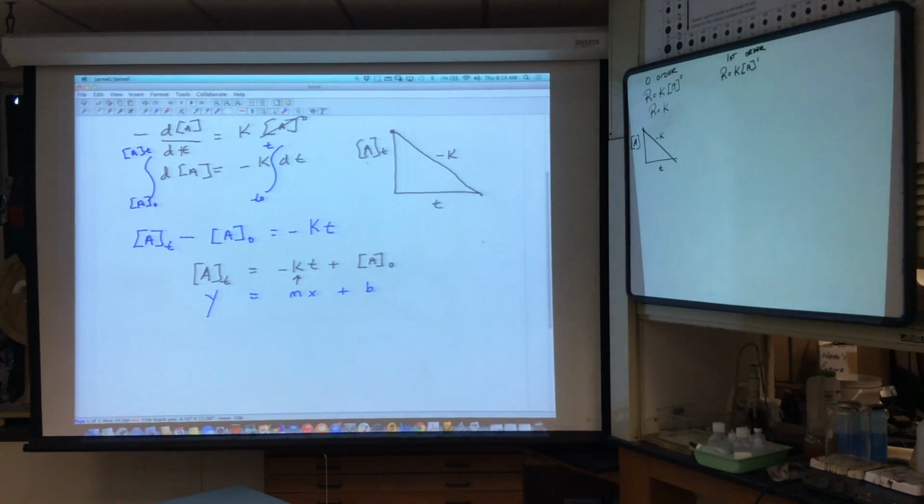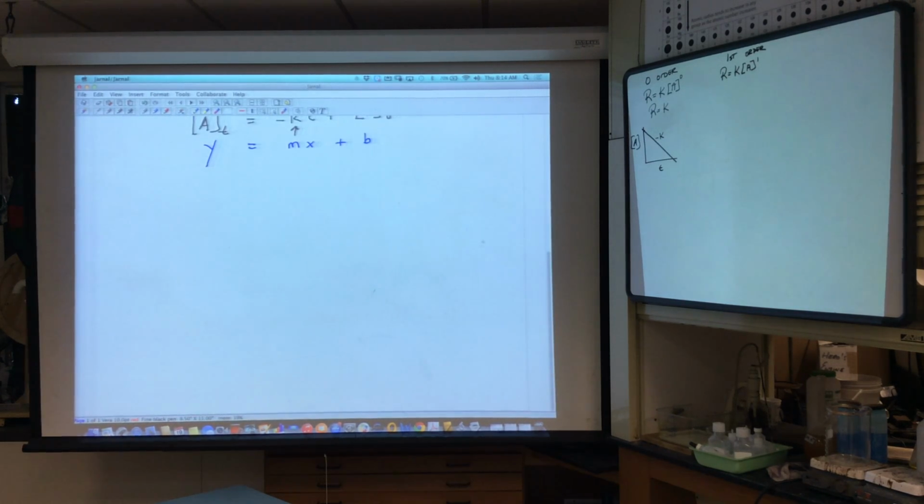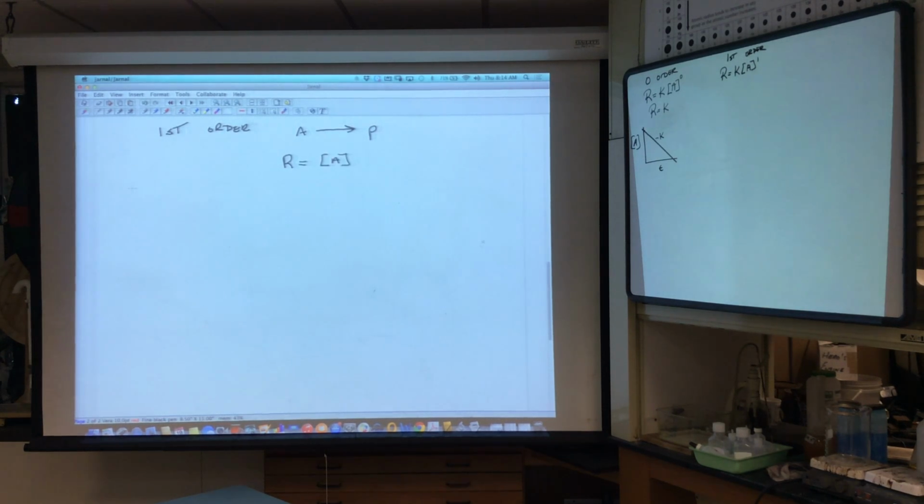I'm going to go a little faster, but it's the same deal. Let's go to the next page. So first order. What does that mean? Well, I have A go into some products. R experimentally gives me A to the first.